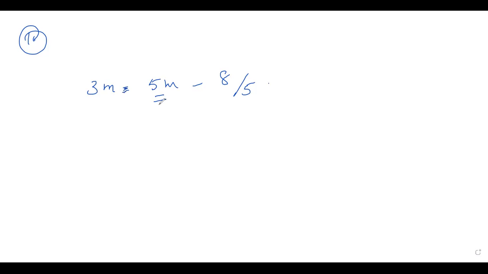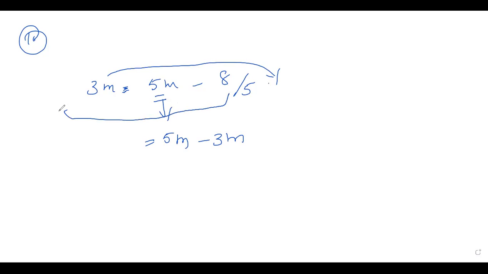So what I'm doing, I will write 5m as it is on the right, and I'm transposing 3m to the right side. It becomes minus 3m, and minus 8 by 5 to the left side, it becomes plus 8 by 5.